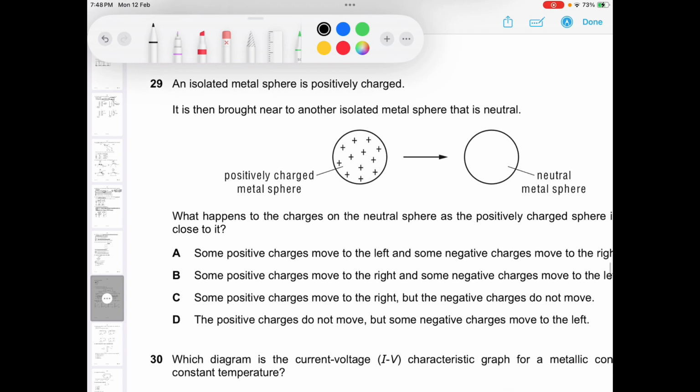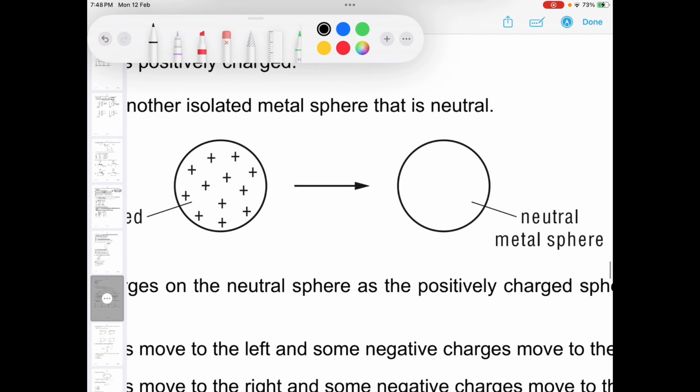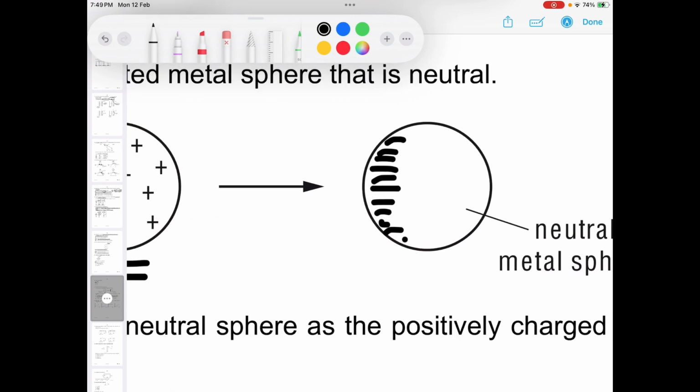An isolated metal sphere is positively charged. It is then brought to another isolated metal sphere that is neutral. What happens to the charges? All the negative ones just go towards this positively charged ball. However, protons do not move. Protons just remain.